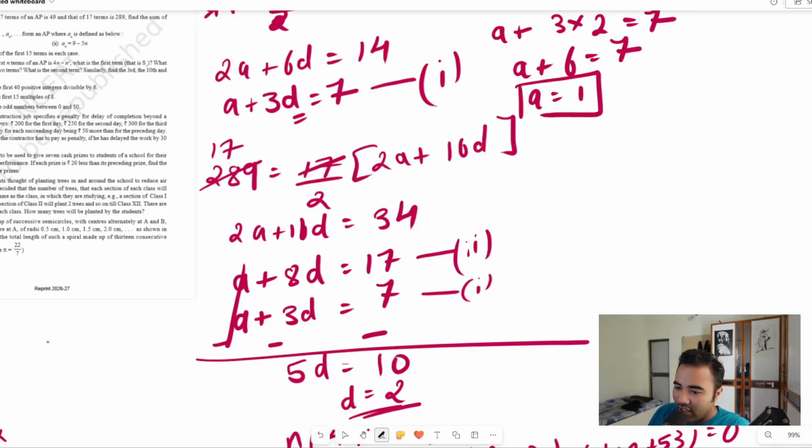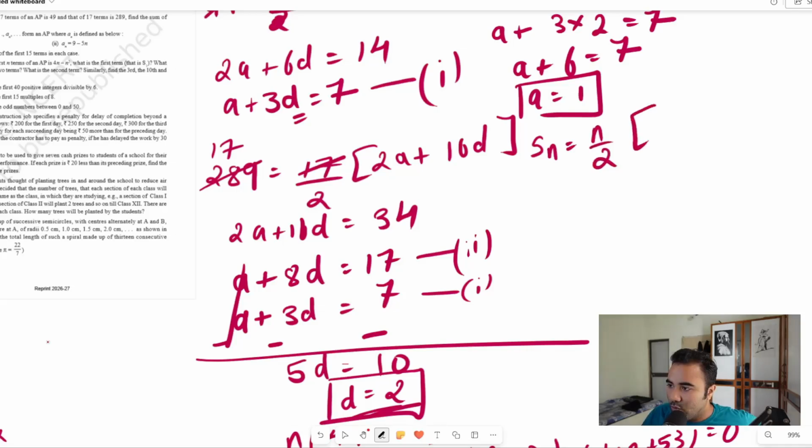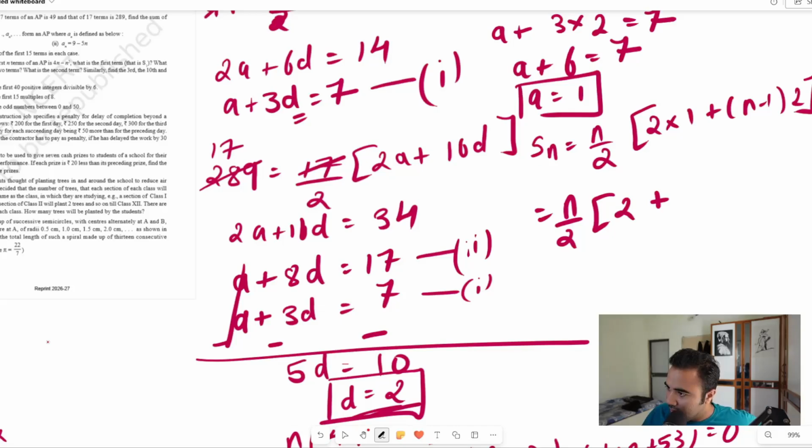So we have a and we have d. Can we find the sum in terms of n? Yes, Sn is equal to n upon 2, 2a plus (n minus 1)d, and d is again 2. So n upon 2, 2 plus 2n minus 2.